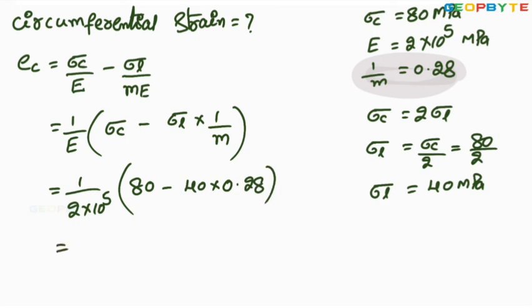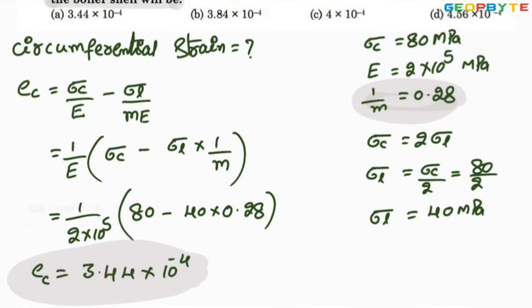You simplify this value to get approximately 3.44 into 10 power minus 4. So this is the circumferential strain, also called hoop strain.